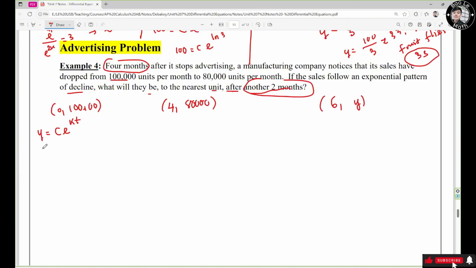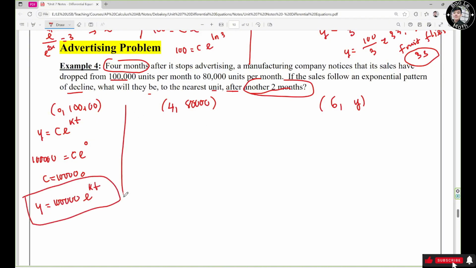Substitute t and y, so it could be 100,000 equals C times e raised to the 0, right? So C equals 100,000. So you have the equation y equals 100,000 times e raised to the k times t, right?